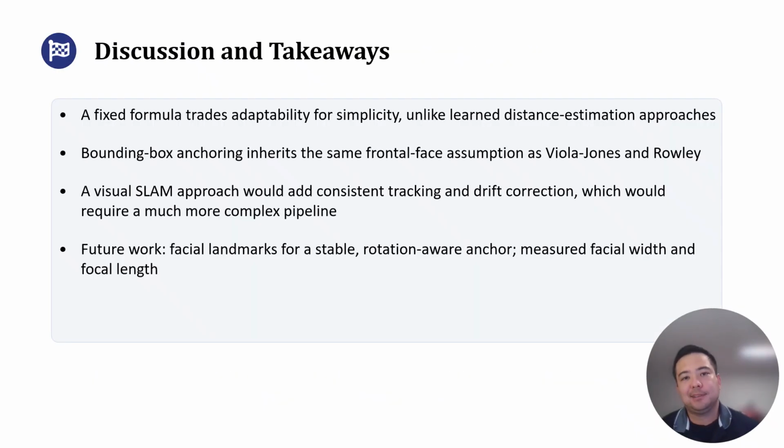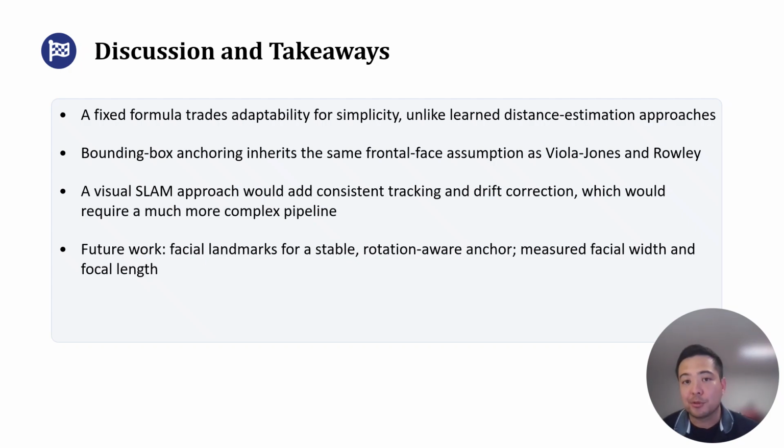As far as the takeaways or the conclusion from all this, I had to take a step back and look at what my approach used, and that was a simple geometric formula, where the accuracy is only as good as my assumptions about the facial width and the focal length, like for example, the 14 centimeters.